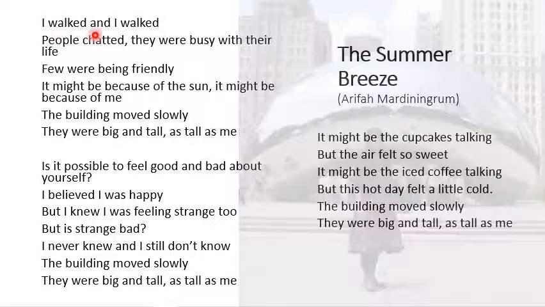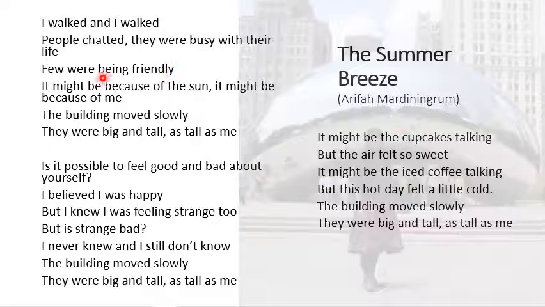I don't know if you remember, but in my prose, I also highlighted the word stroll. So I use the words "I walked" and "I walked" here just to make it more dramatic. Not just saying I strolled around, which is more direct, but "I walked and I walked" just seems more dramatic to me.